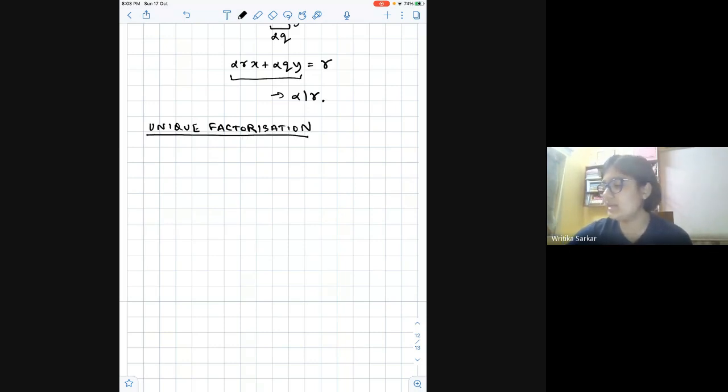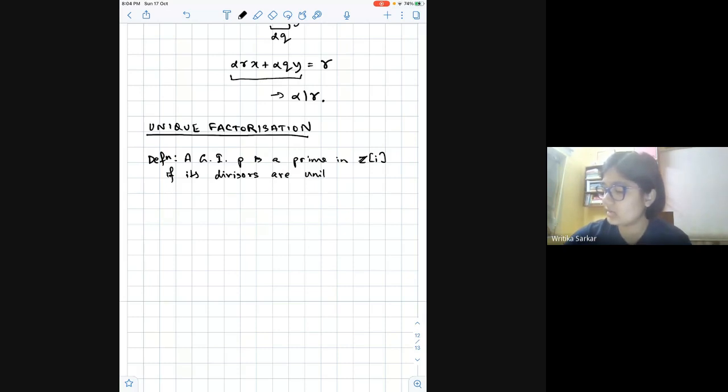But before that, I should say this: a Gaussian integer p is a prime in Zi if its divisors are just the units or unit multiples of p.